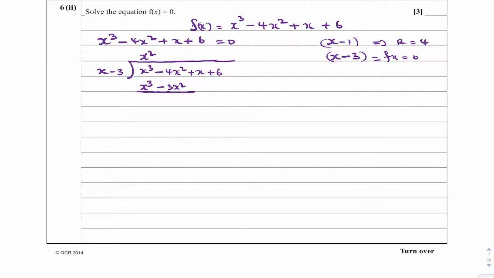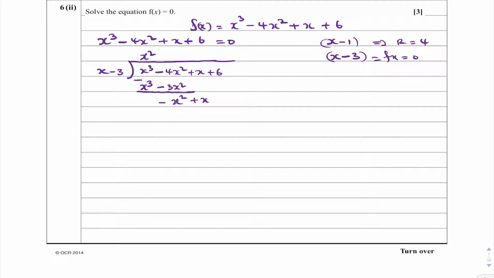So we need to take away. Minus 4x squared minus minus 3x squared, that's plus, so that will give us minus x squared. Minus x cubed minus x cubed is 0. And so we need to bring down the x.